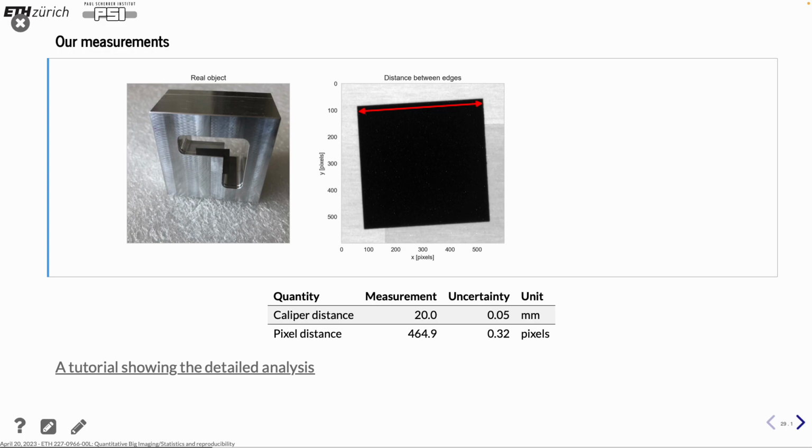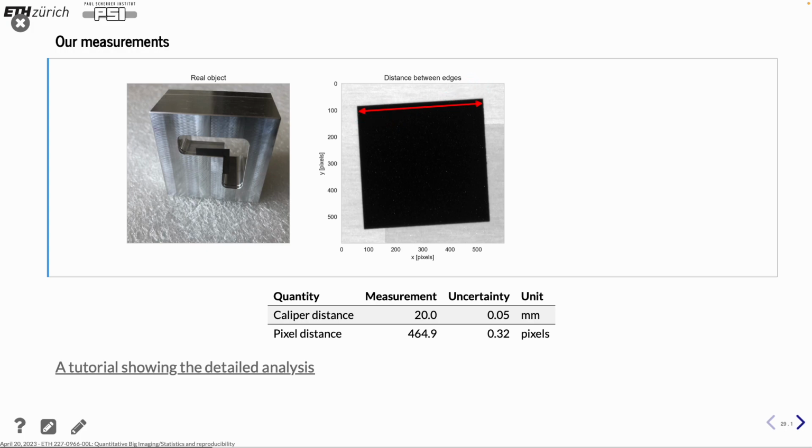We have our measurements, we have a test object. In this case, we have a sharp object, which is very absorbing. So we can measure the distance across here, which is, with a caliper, 20 millimeters with an uncertainty of 0.05 millimeters. I measured the distance between the edges. It can also be done in different ways.